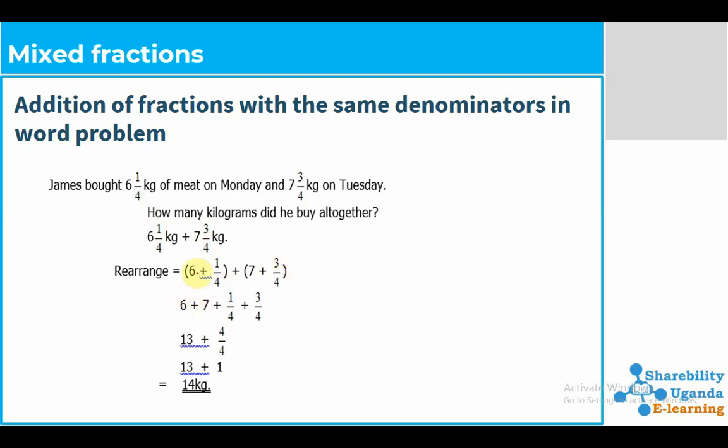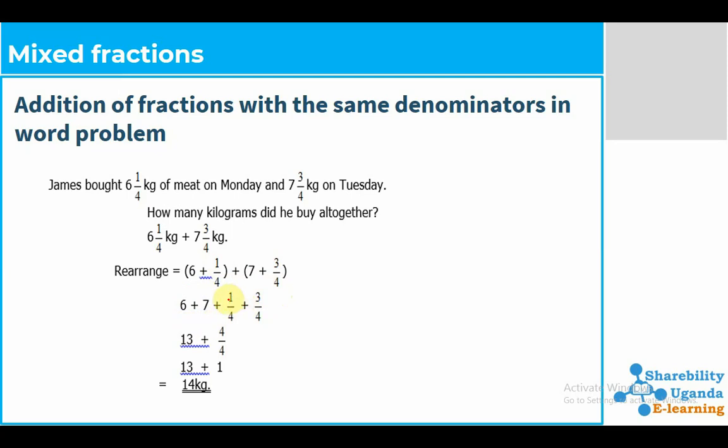So we arrange the whole numbers alone, which is 6 and 7, then also the fractions alone, which is 1 out of 4 and 3 out of 4. Bring the whole numbers together and also the fractions together. So we add these whole numbers together, which is 13.